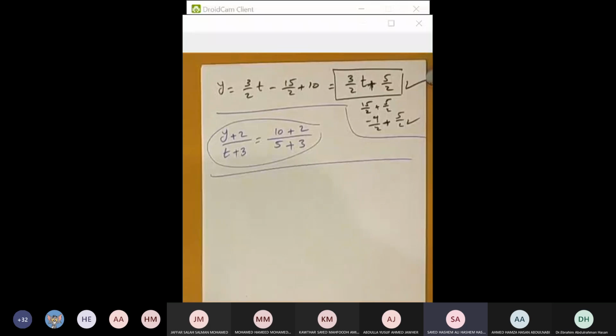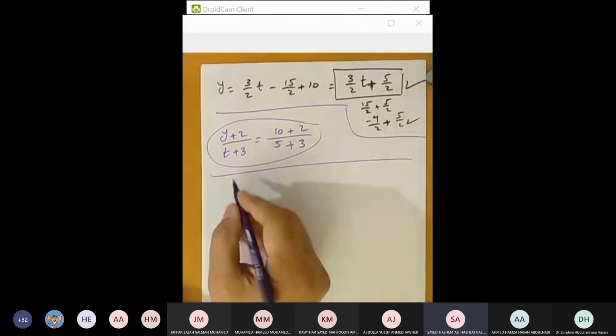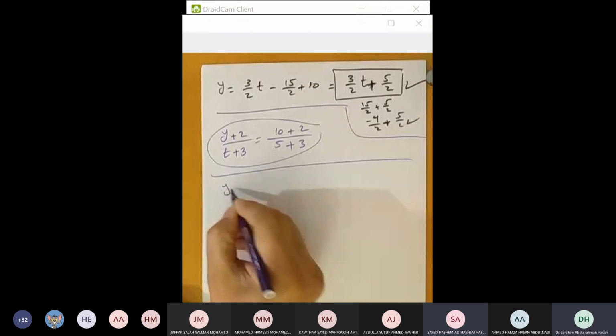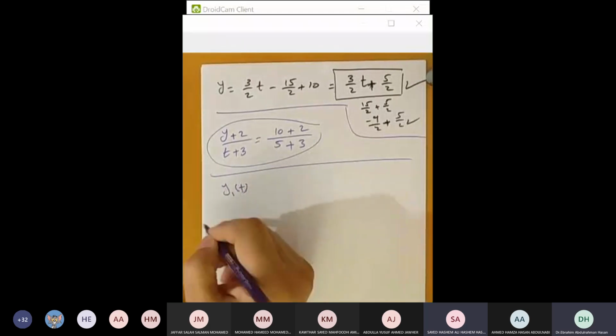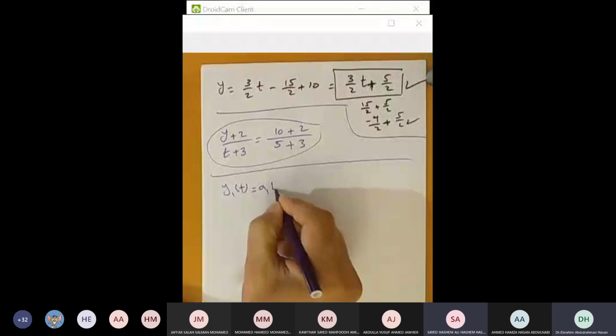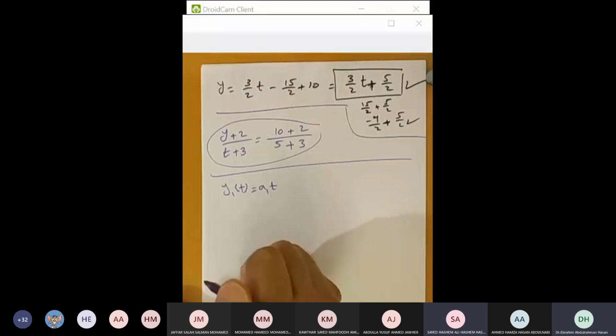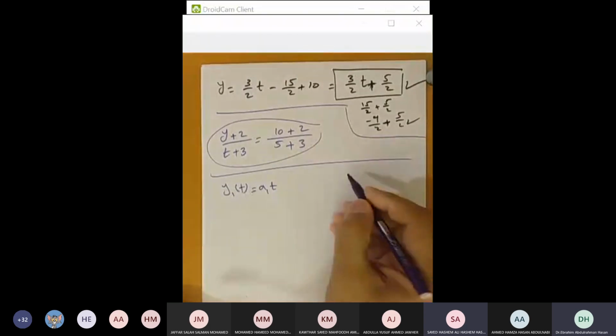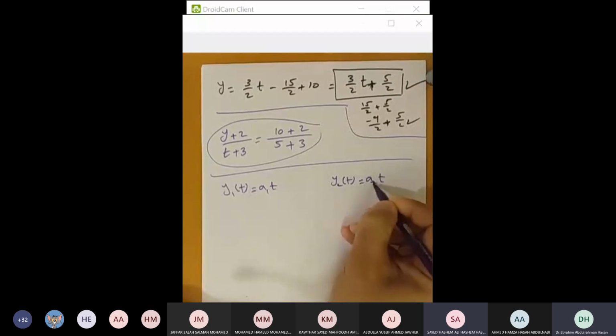Okay, if I have y1 of t, two signals, okay? One is with a slope equal to a1, a1t, and the second one is y2 of t equal to a2t.